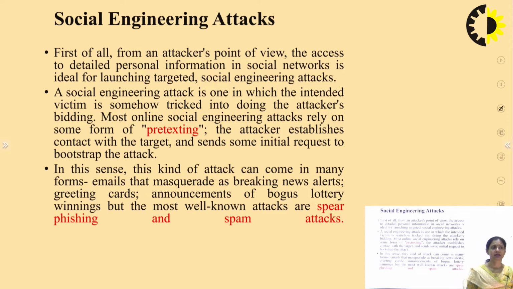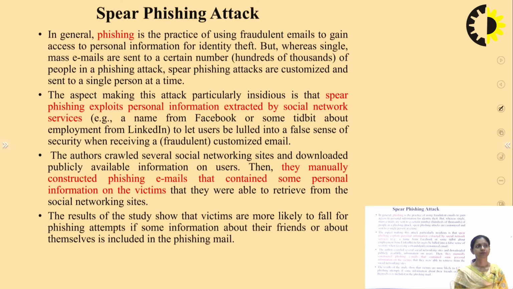The attacker establishes contact with the target and sends some initial request to bootstrap the attack. This kind of attack can come in various forms. It could be emails that masquerade as breaking news alerts, greeting cards, or announcements of bogus lottery winnings. But the most well-known attacks nowadays are spam attacks and spear phishing.